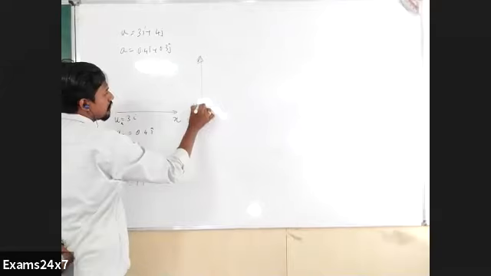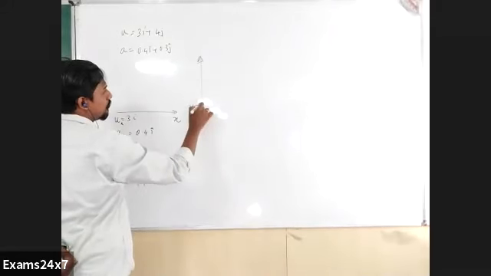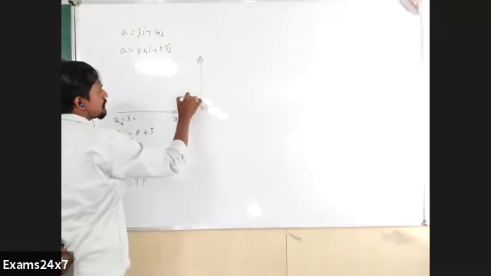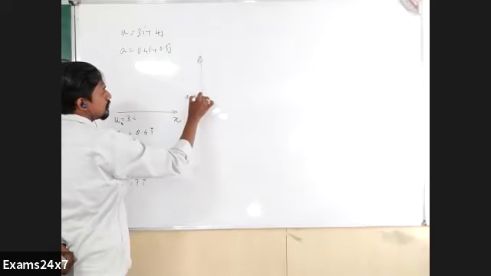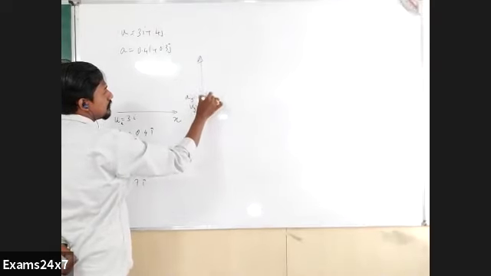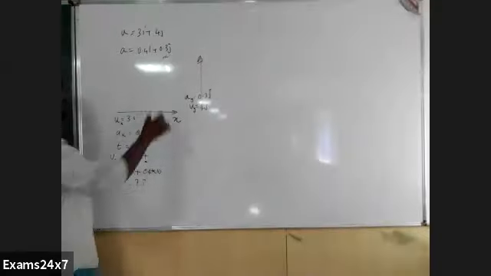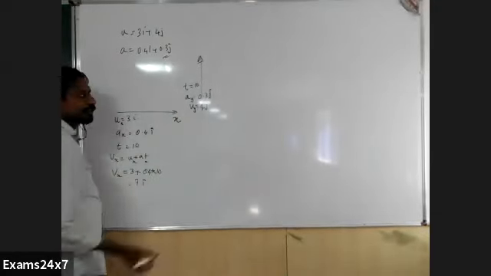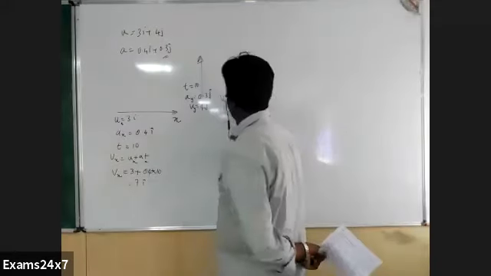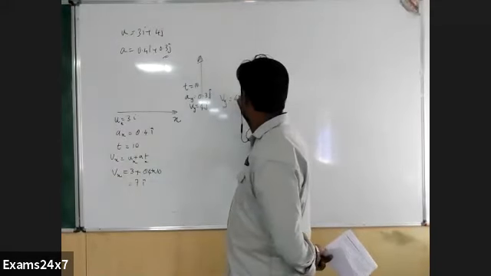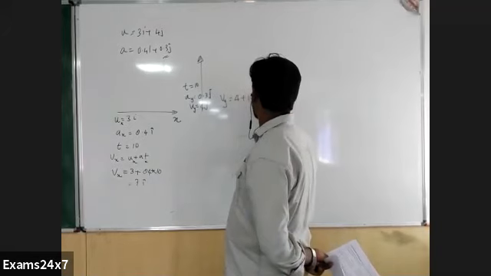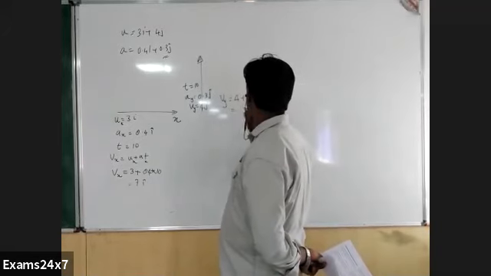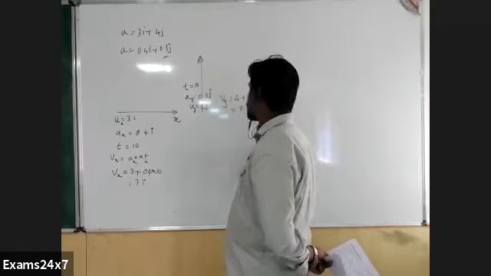Similarly, what is initial velocity along y-axis? uy, 4j. What is acceleration along y-axis? 0.3j. Correct. What is time taken? 10 seconds. What is final velocity vy? uy, that is 4 plus 10 into 0.3, that is 7j.